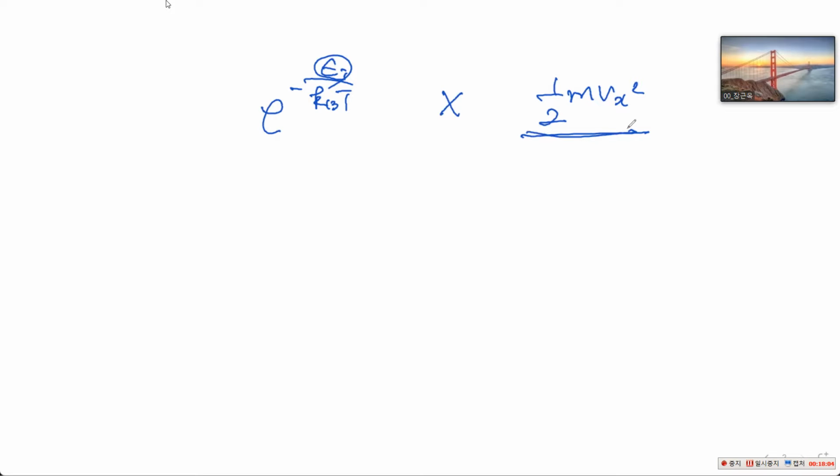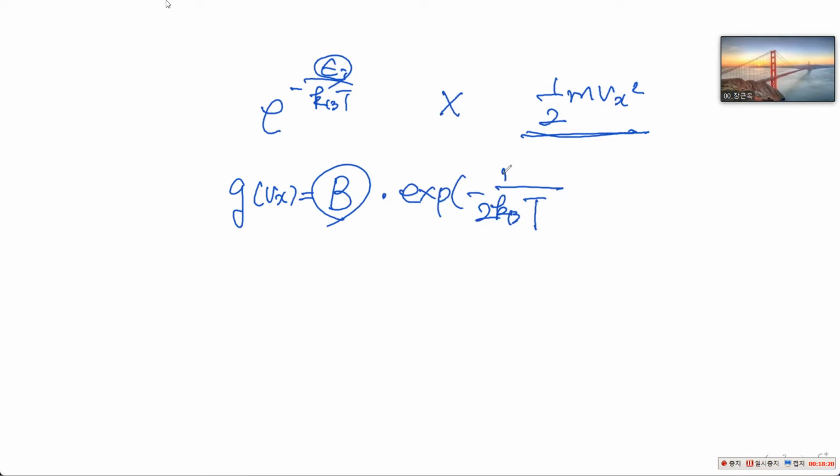그렇죠? For the partition function, we say there is some arbitrary number B, and the Boltzmann factor exponential of minus mvx squared over 2 kBT. So we put the kinetic energy on that.